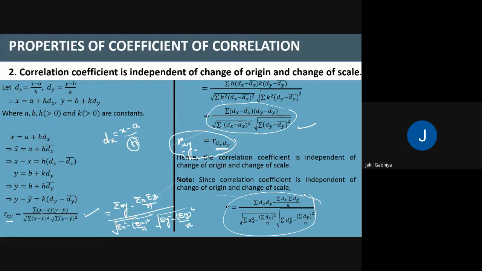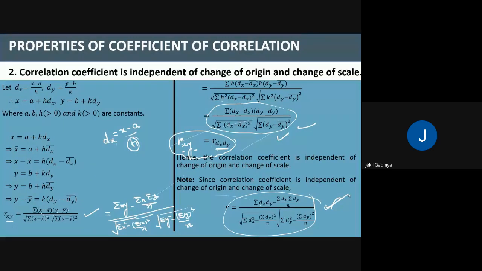Please note down these two formulas. This is also a very important formula. So up to this property, we have shown a total of five formulas of the Karl Pearson coefficient. First one is the very basic formula, covariance of x, y over sigma x, sigma y.